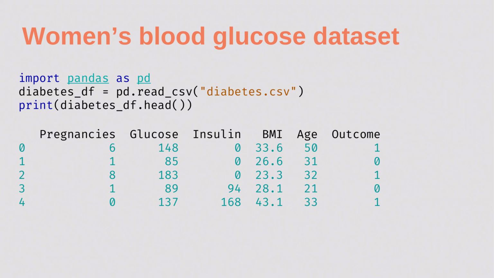By the way, the data is linked in the description below. The dataset includes several health-related features, things like the number of pregnancies, insulin levels, BMI or body mass index, age, and whether or not the person has been diagnosed with diabetes as an outcome variable. A value of 1 means they have diabetes, and a value of 0 means they don't.